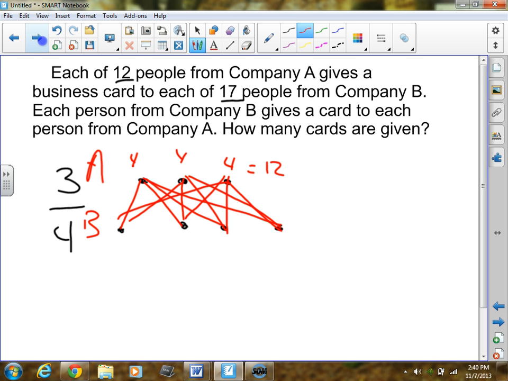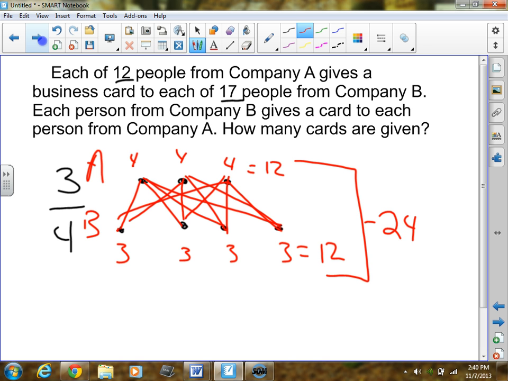Now we're going to use these exact same lines, because this person is going to give out 3, this person is going to give out 3, 3, and then 3. So company B is also going to give out 12. So all together, they gave out 24 cards. So with 3 people and 4 people, they gave out 24 cards.